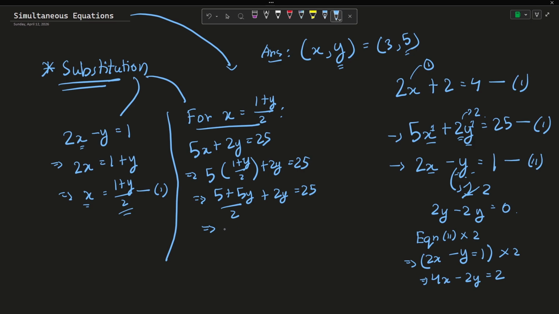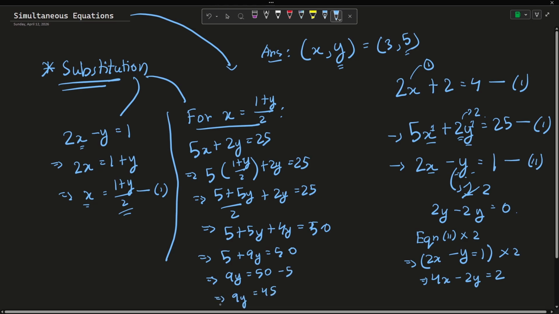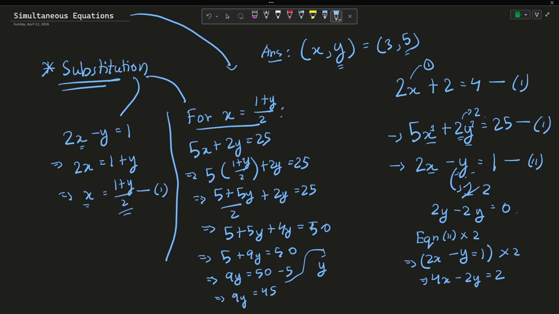Now if I multiply both sides by 2, that leaves us with 10 plus 5y plus 4y is equal to 50. Then if I simplify this, 5 plus 9y is equal to 50, and then 9y is equal to 50 minus 5. So 9y is equal to 45, and hence if I divide both sides by 9, y is equal to 5.